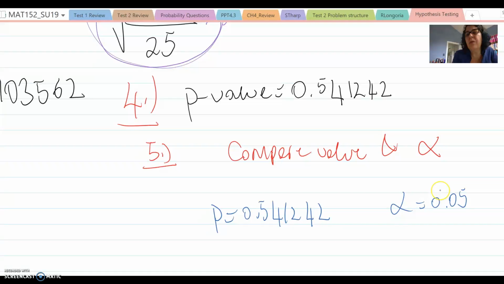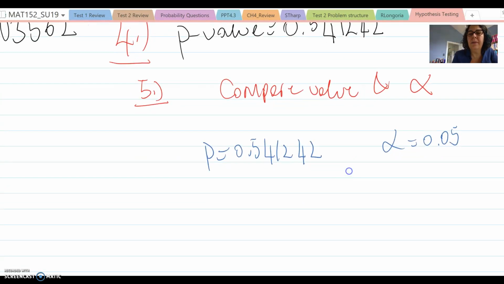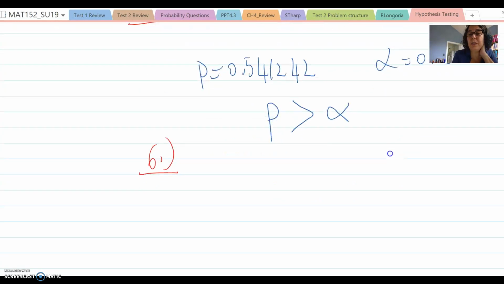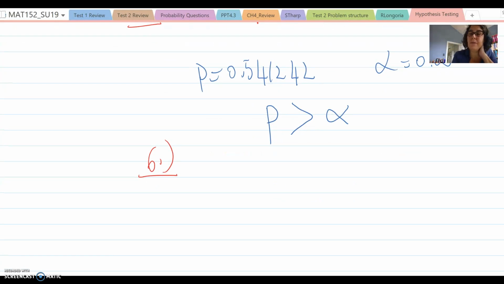Clearly your p-value is greater than your alpha, right? Because one of them is 54%, the other one is 5%. So p is greater than alpha, and then make a decision. That's your step 6. Reject or fail to reject. It's fail to reject, right? If p is greater than alpha, you always fail to reject. P should be less than alpha for reject.